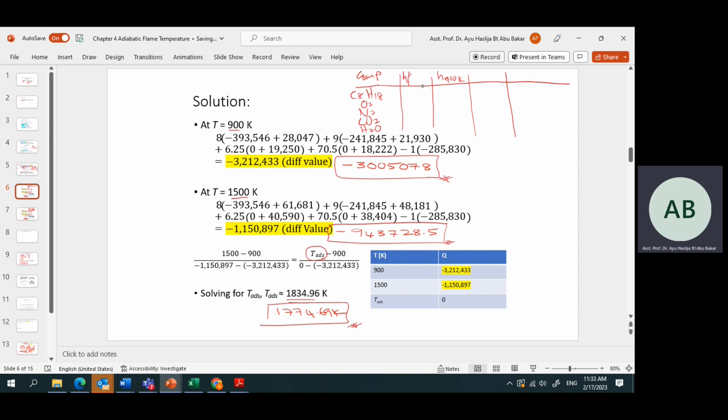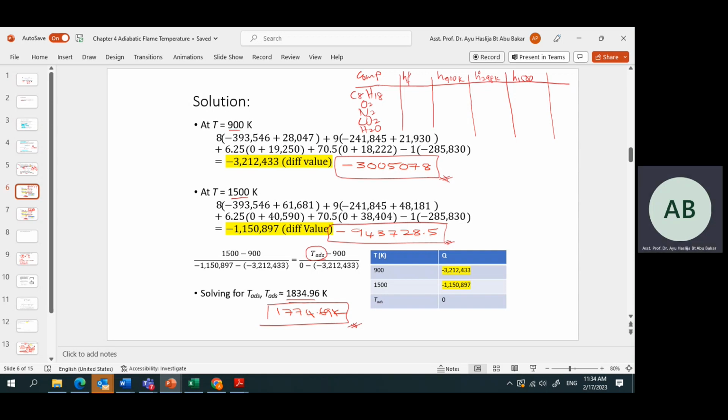Then find out the H at reference, 298 Kelvin. Then find out the enthalpy at 1500. The values over here will be different because they are using a different properties table.